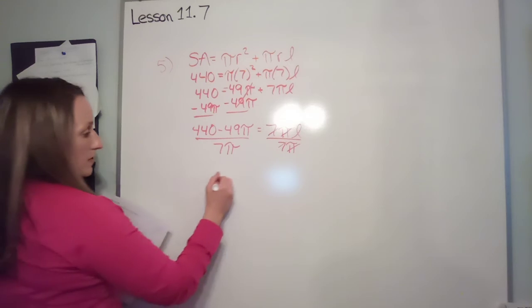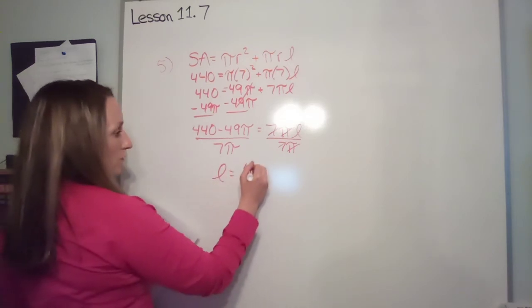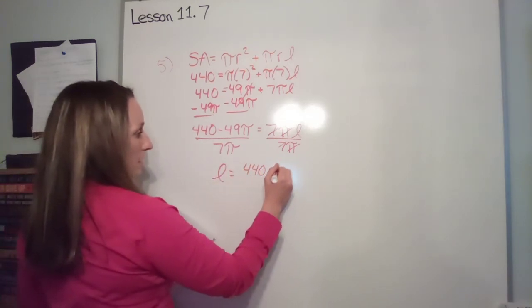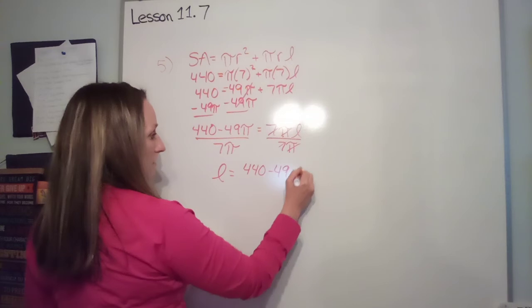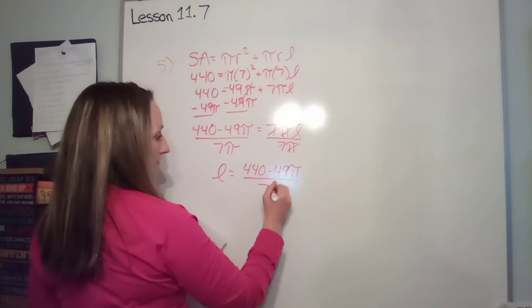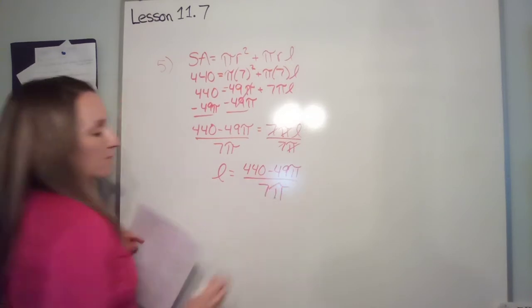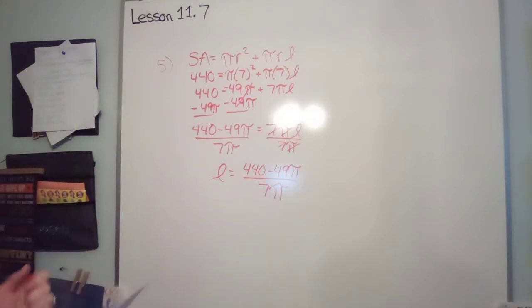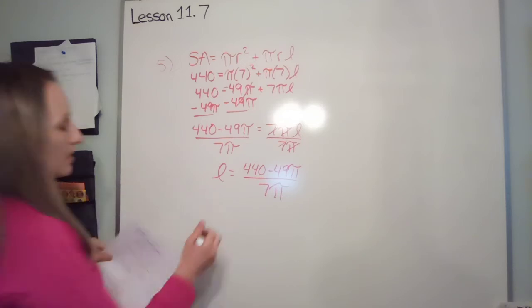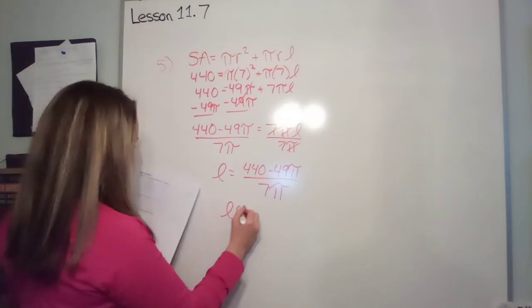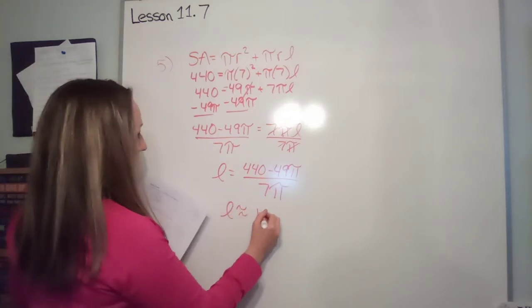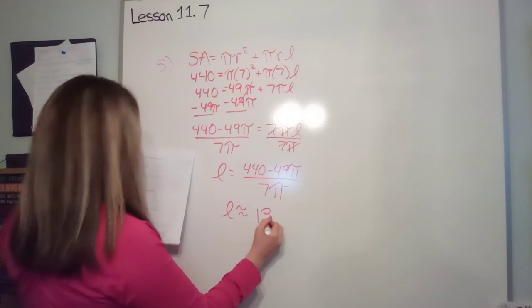So the slant height is equal to 440 minus 49 pi divided by 7 pi. For these problems, I will definitely be asking you to round to the nearest something, whether it's whole number, tenth, whatever my directions say. So you plug this into your calculator to get that L is approximately 13 inches.